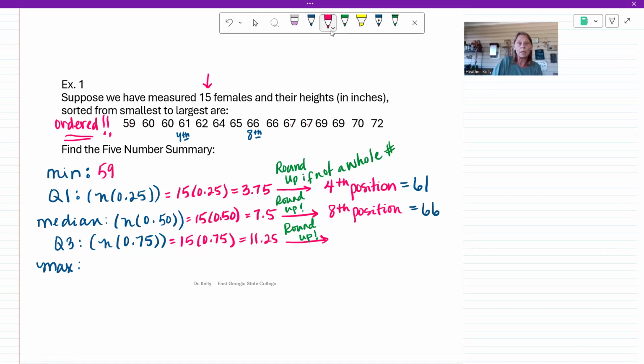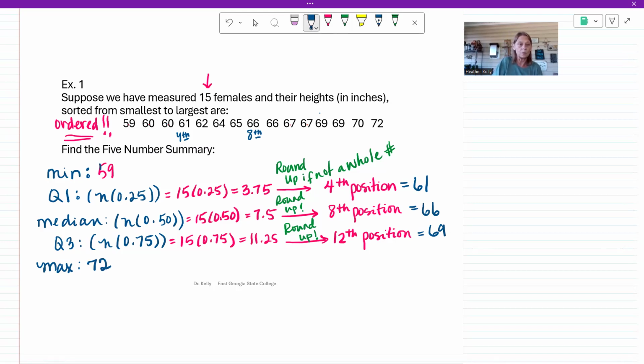So when we round that up, this is the 12th position. In the 12th position, that's 8, 9, 10, 11, 12, is equal to 69. And then our max value is 72.